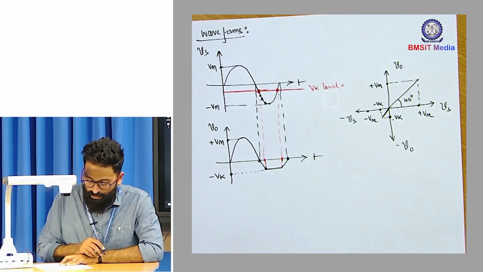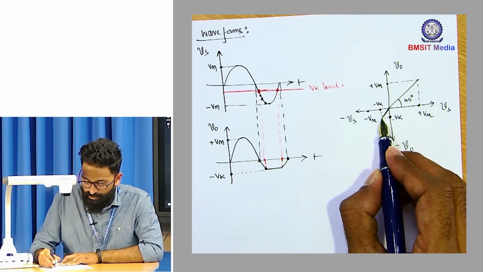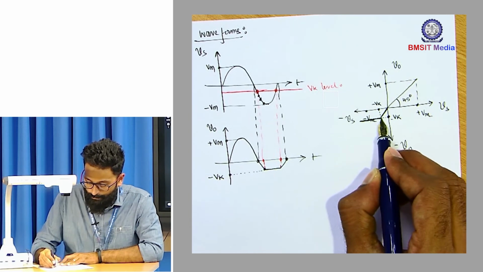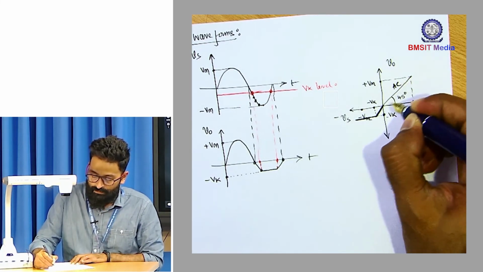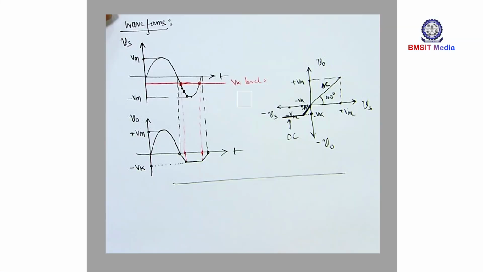And for values of the input greater than Vk, output is minus Vk. So AC and DC. That's your negative clipper.